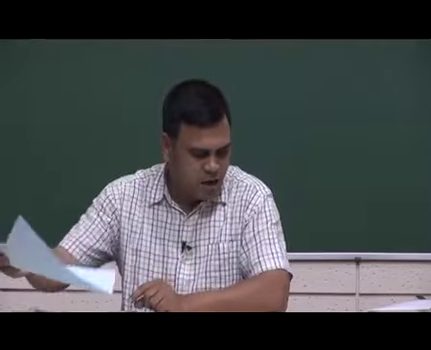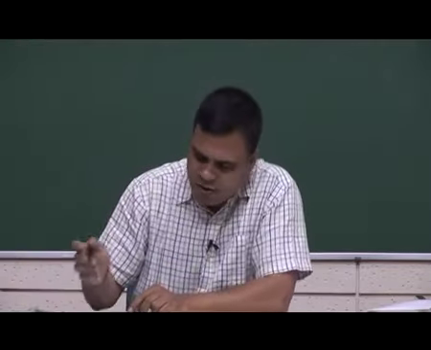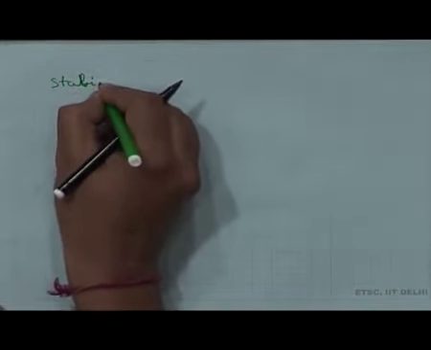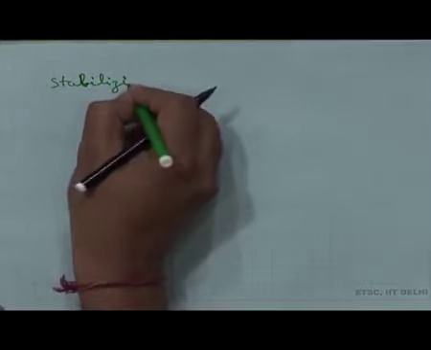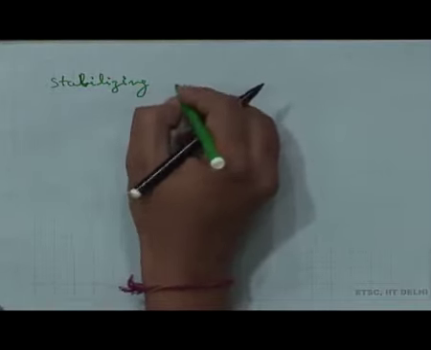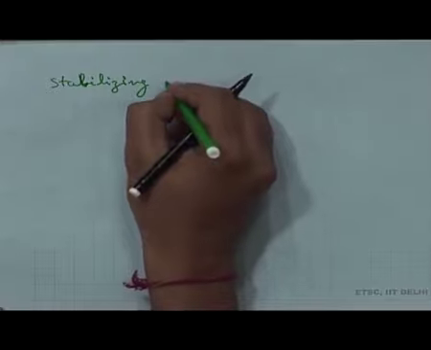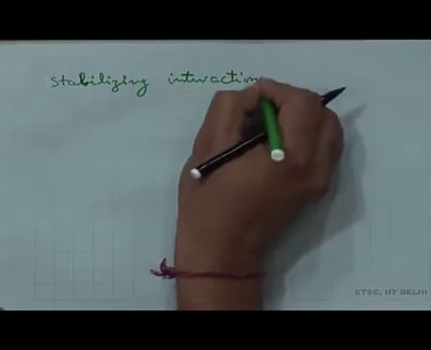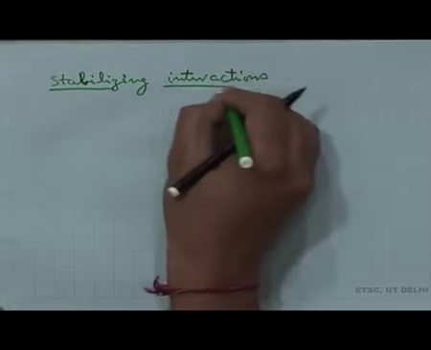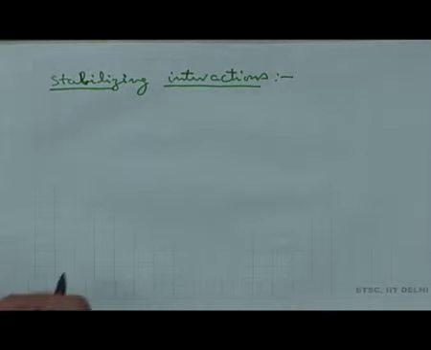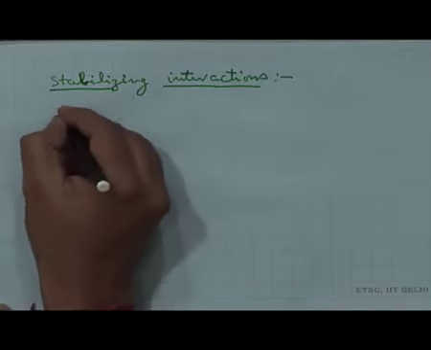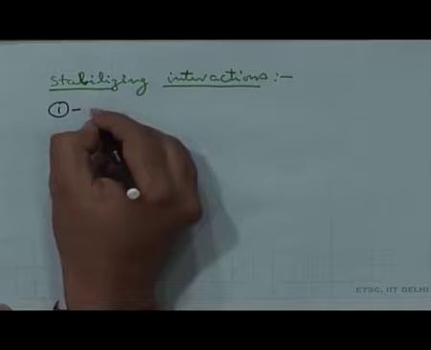What are the kinds of these interactions? Let us talk about the stabilizing interactions. Stabilizing interactions in protein include disulphide bonds.